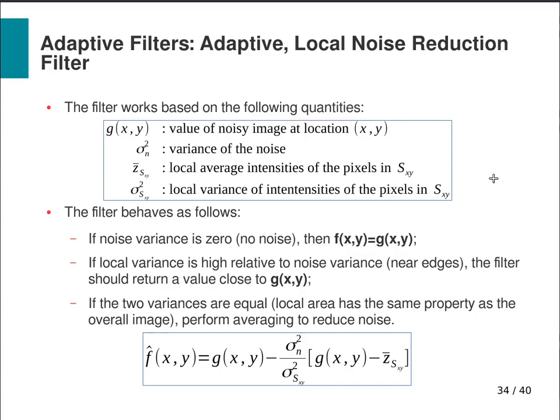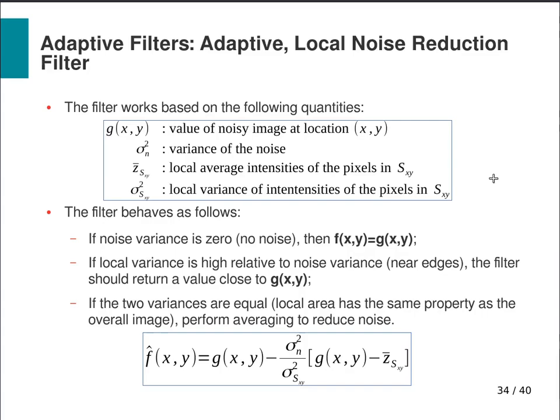If the local variance is high relative to the noise variance, which is most common in locations near the edge, the filter should return a value close to g of xy. And if the two variances are equal, basically the local area has the same property as the overall image, then you should perform averaging to reduce the noise.